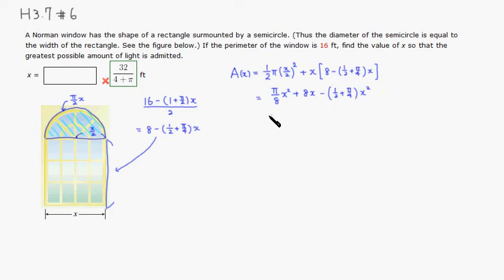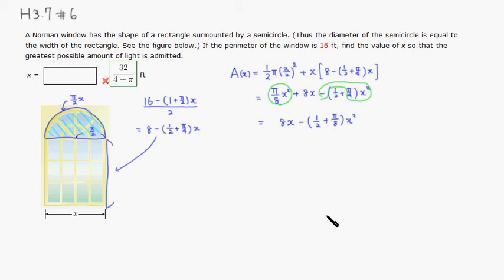So I'm going to combine this guy with this guy right here. So we get a negative, that will be plus pi over 8 minus pi over 4. So you still have minus 1/2 x squared, and then you have 8x.